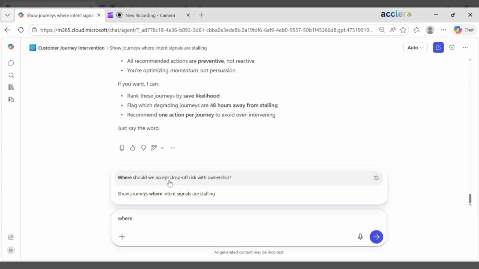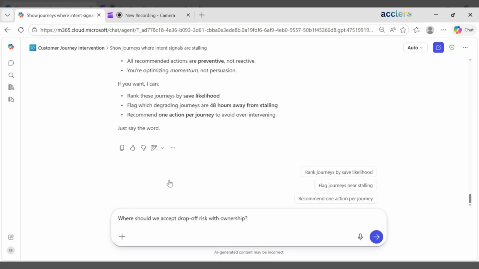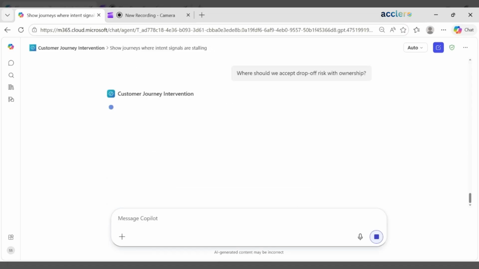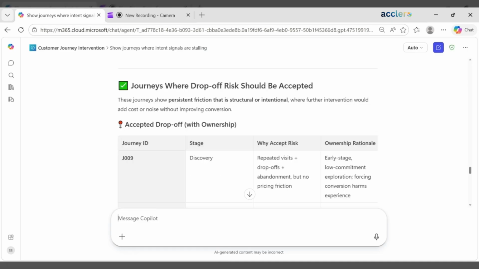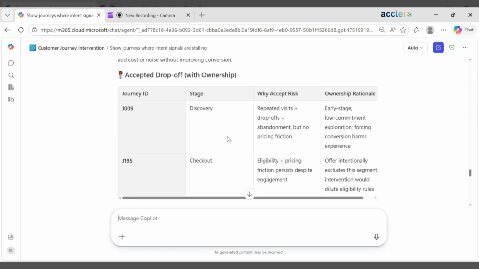Here I asked the agent where we should accept the drop-off risk with ownership. Not every journey should be intervened. Sometimes it is more effective to explicitly accept the risk, but with accountability. The agent highlights journeys like J009 and J195, where the intervention is not prioritized.